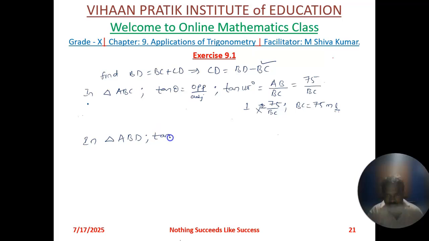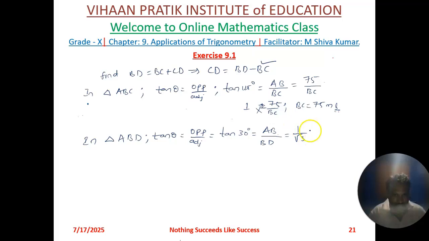Next, consider triangle ABD. Here tan theta, with theta 30 degrees, is opposite by adjacent, so tan 30 degrees equals opposite AB divided by adjacent BD. Still we don't know BD. Tan 30 is 1 by root 3.